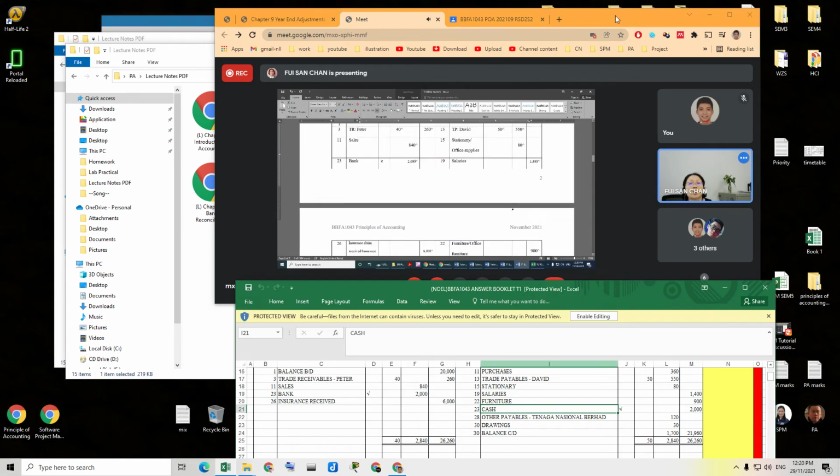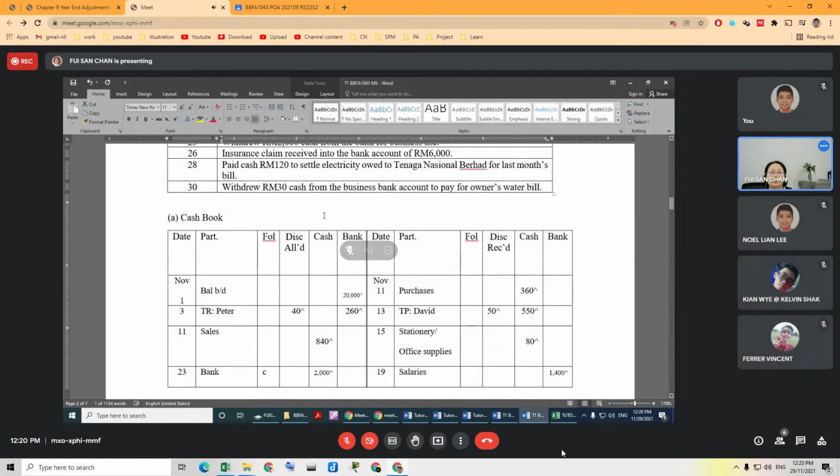All right. And the last one, withdrew 30 cash from the business bank account to pay for owner's water bill. Now this one is cash or bank? Bank. Yeah, it's actually bank.